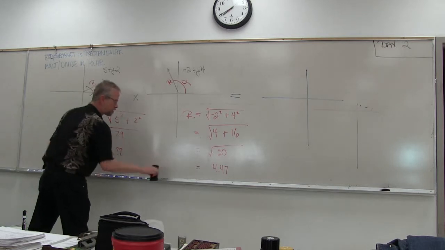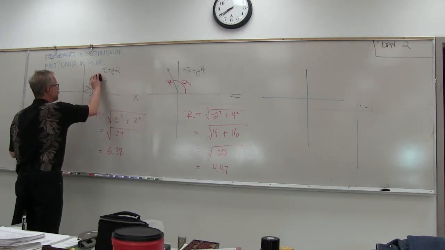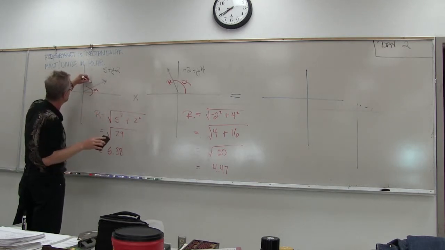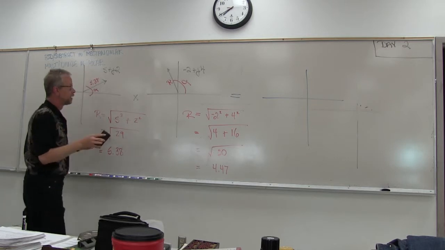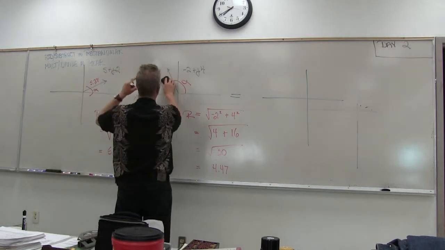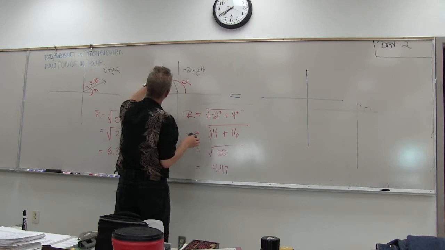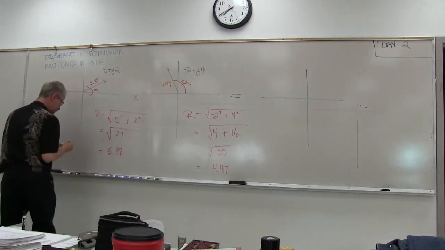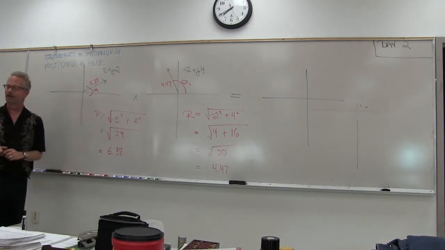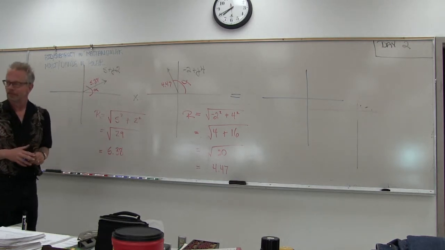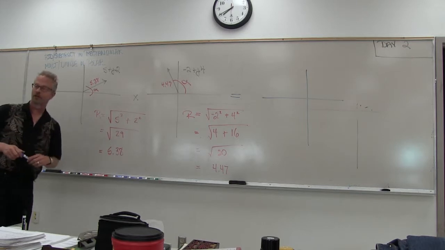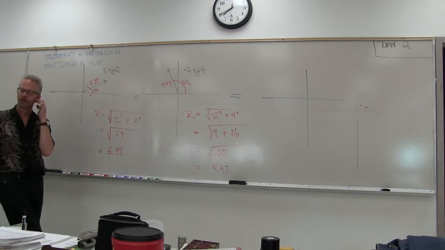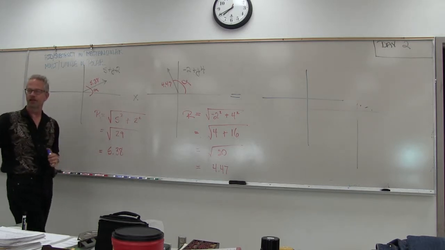Okay, so let's go ahead and jot those numbers down here. 5.38. And this one was 4.47. Okay? Pythagorean theorem is what we used here. Shortly I'm going to show you how to do it the correct way using your calculator.